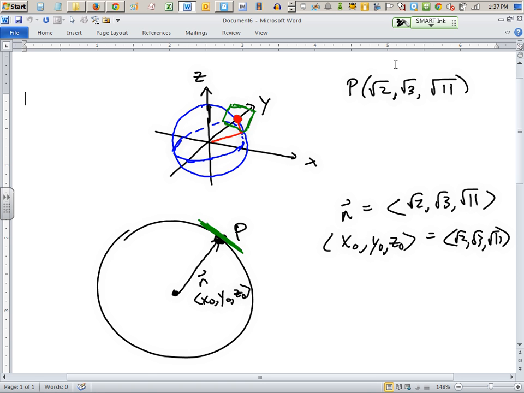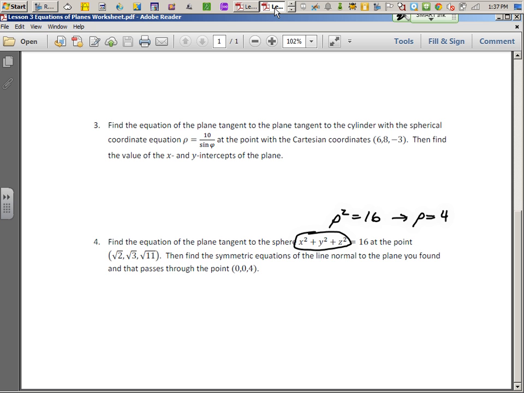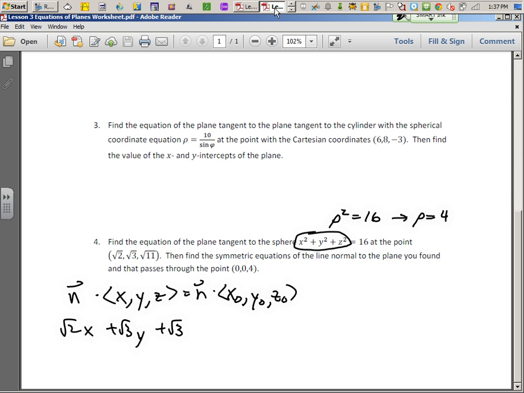So now we go back to our equation, and we're going to do n dot xyz equals n dot x naught y naught z naught. The left side is just root 2x plus root 3y plus root 11z. The right side is root 2, root 3, root 11, dotted with its own self.